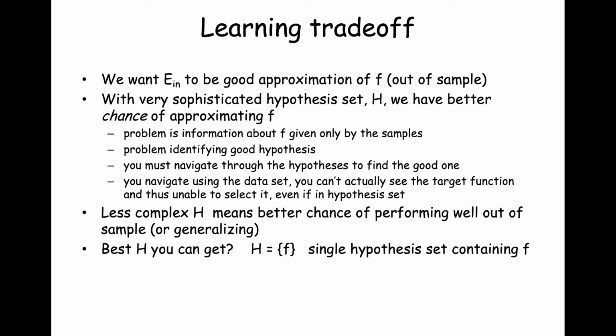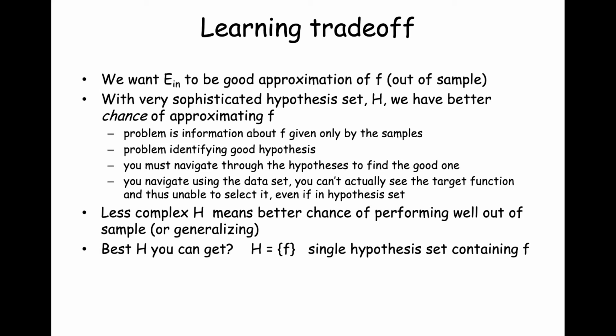And so with a very sophisticated hypothesis set, something you can control, you could make it so big that you have a really good chance of approximating F. But the problem is that the information that you have about this unknown target function is given only through the samples.